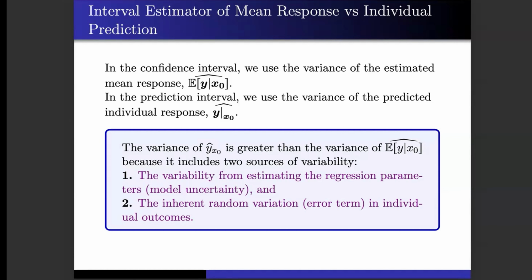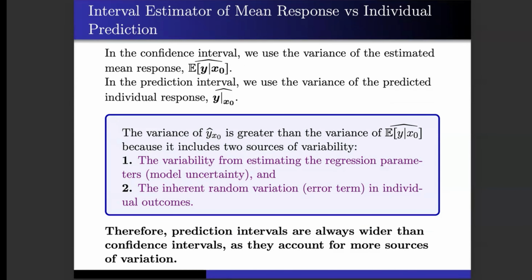In contrast, the variance of the expected value of y given x naught hat only has uncertainty due to the regression coefficients. And statistically, we say that this is the reason why prediction intervals are always wider than the confidence intervals, as they account for more sources of variation.